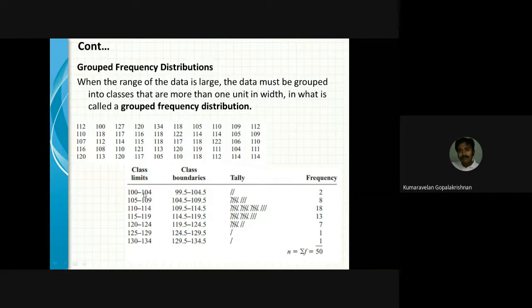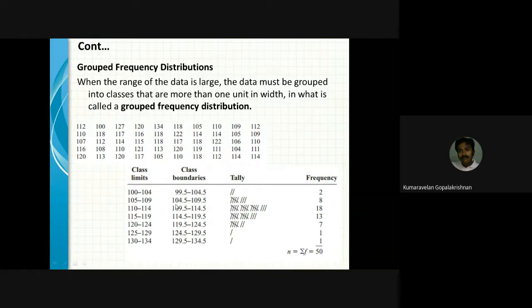But the boundaries are not fixed. They are discontinuous. So in order to maintain the continuous nature, I have to find the class boundary. How is it done? It is easily done by subtracting 0.5 from the lower limit and adding 0.5 to the upper limit. That can be done. Continuous thing. That is 99.5 to 104.5.